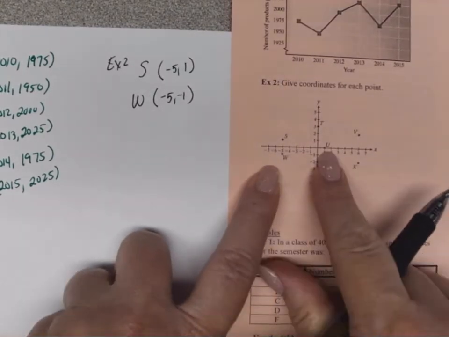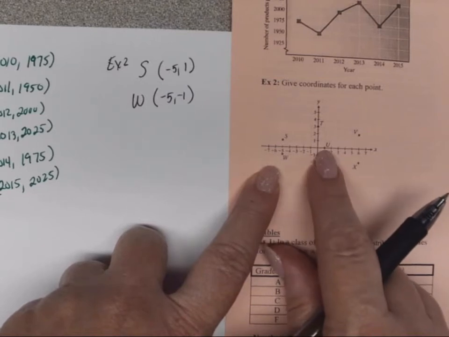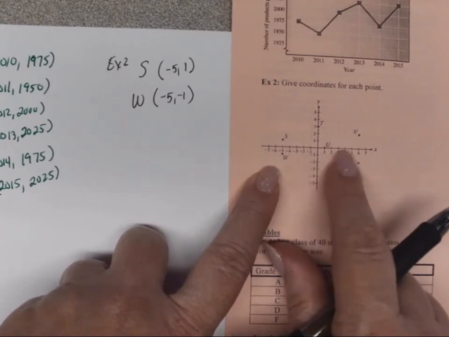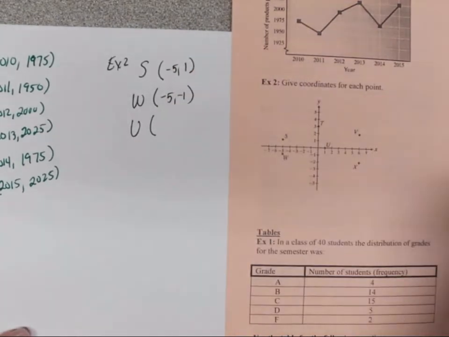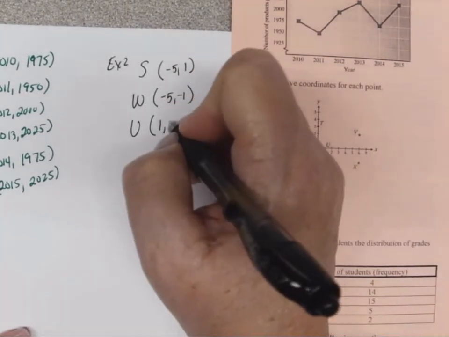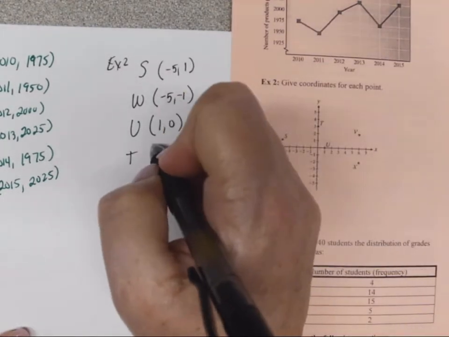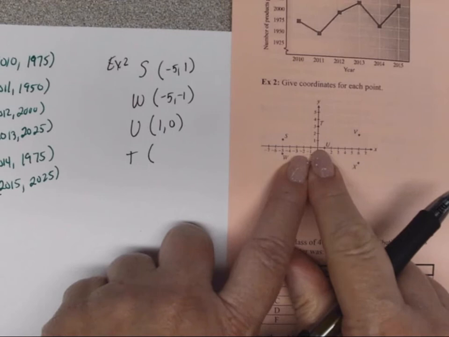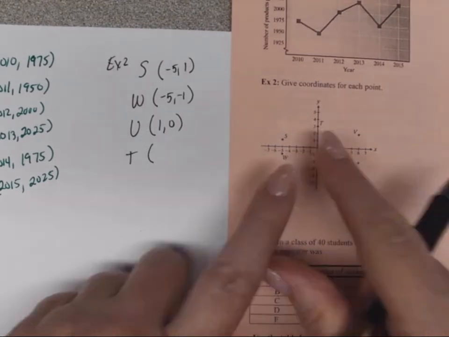Next point I come to, we could do U, and U is 1 for the X, and the Y value is 0 because it's right on that X-axis. So U will have the point of 1, 0. Next value would be T, and T has an X value of 0 and a Y value of 3.